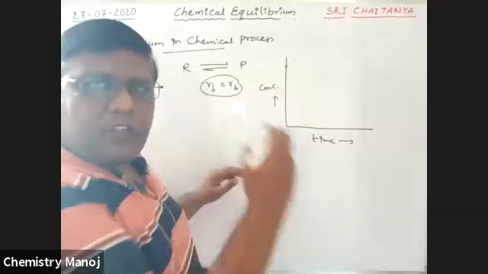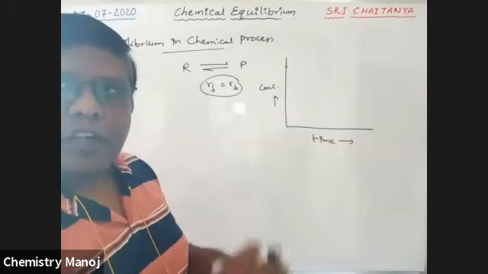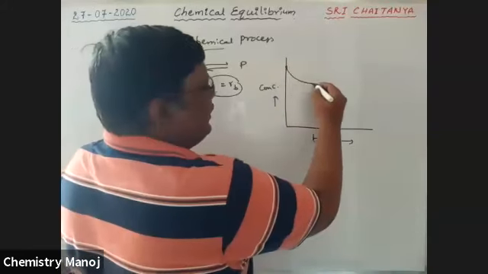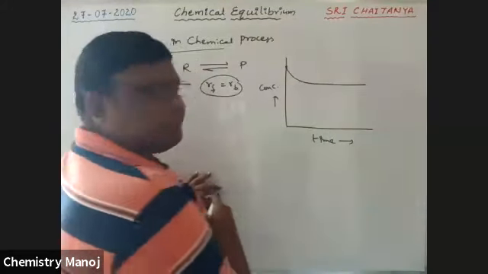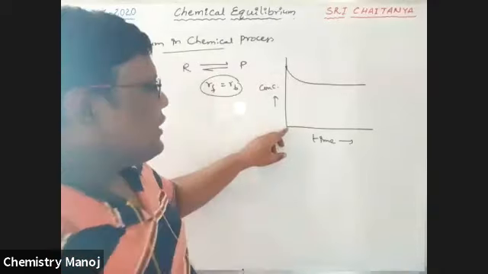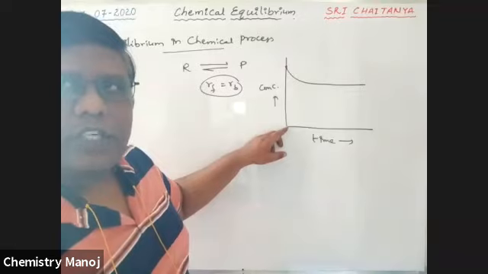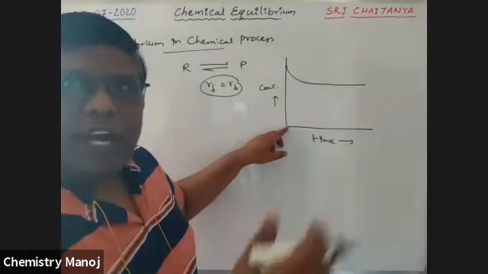As time increases, the concentration of the reactants decreases, but not linearly, it decreases exponentially. At the beginning, the products are zero. As time increases, the product concentration gradually increases.